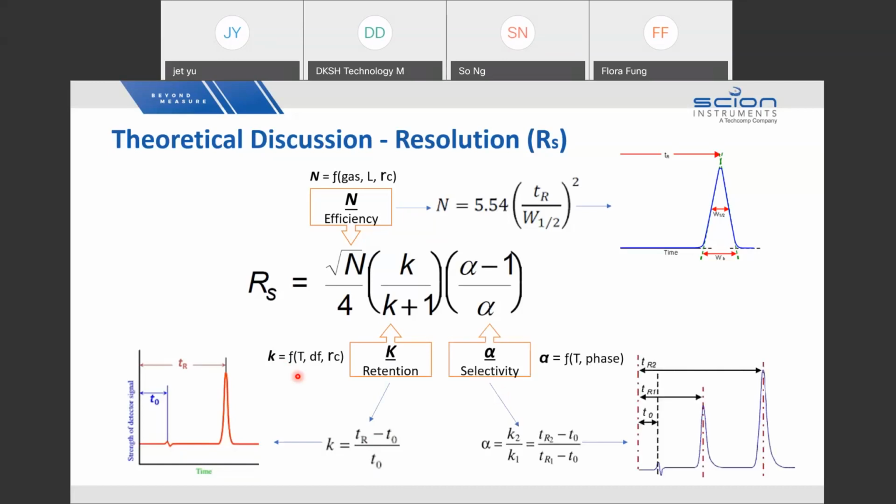So alpha is the selectivity. This is more related to the interaction between the analytes and the stationary phase. If there's no stationary phase inside the column, there's no retention selectivity at all. All the components will elute as a single peak. So it is important that you choose the right phase; later I will cover this.